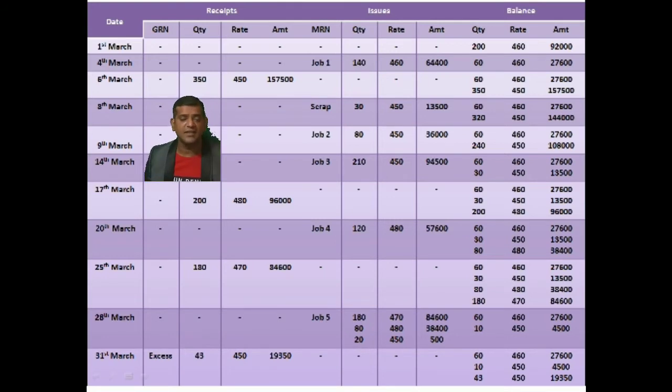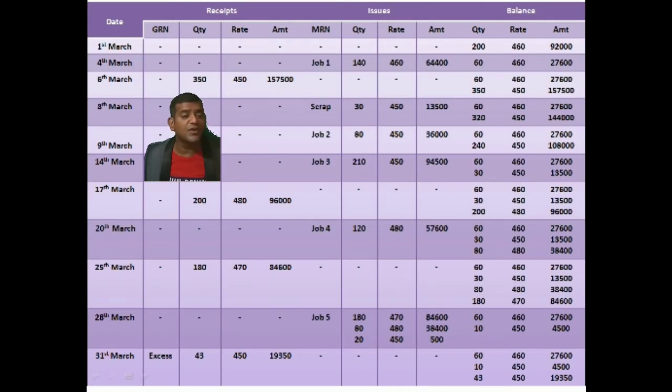So I'm taking 30 into 450, 13,500. So now copy the balance, that is 60 tons at rupees 460, 27,600. And out of 350 tons, I have issued as scrap 30 tons. So 350 minus 30, left out is 320 tons at rupees 450. That comes to 1,44,000 rupees.